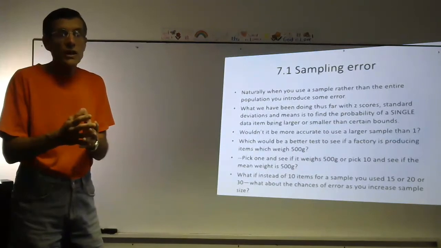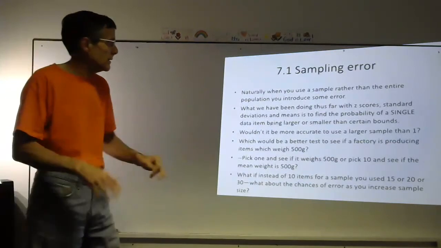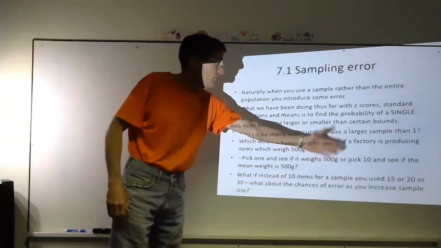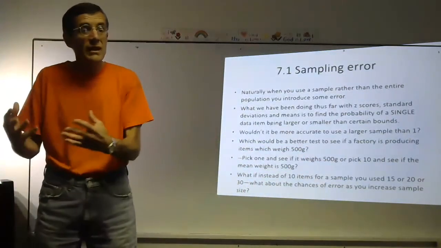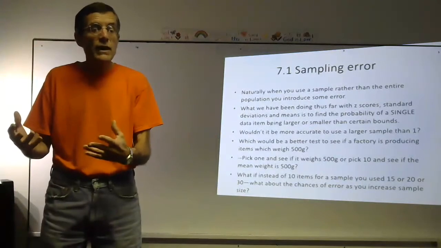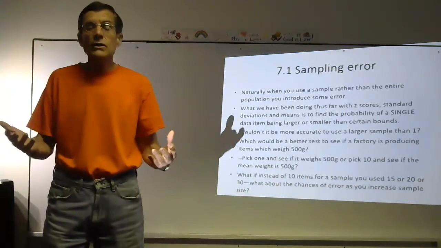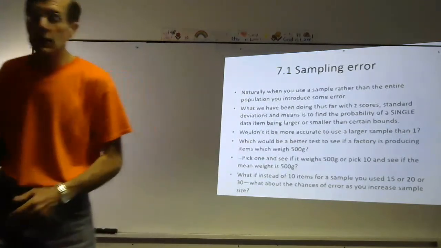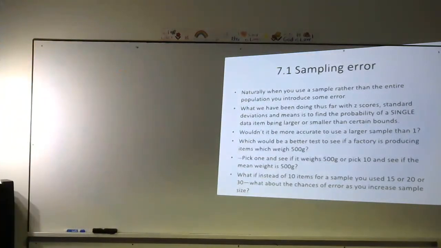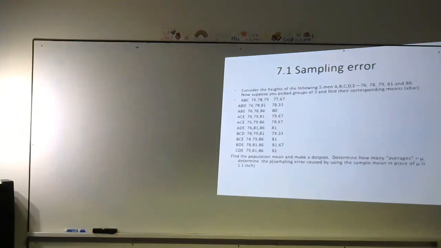I would think the second way is much, much fairer. And instead of 10, suppose you use 15, 20, or 30 items in your sample. Wouldn't that be an even fairer way to calculate whether they're actually producing items that average 500 grams? So sample size is huge, and that's what we're going to zero in on today.